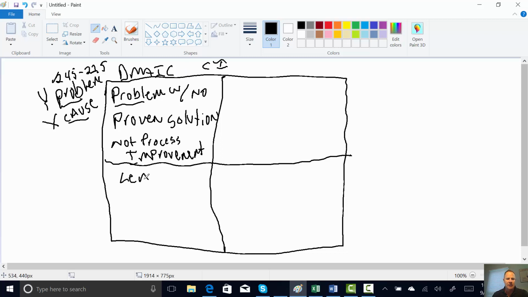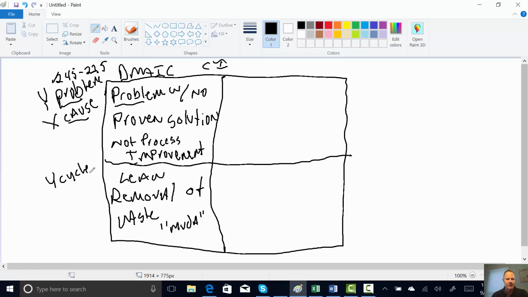Then you have lean, and lean is the removal of waste. And as I told you, lean practitioners, those who have drunk the Kool-Aid and think that's the only thing that works, they like to also pretend Japanese. They speak Japanese, so they'll call that muda or waste. So the Y for lean is cycle time, and the X is non-value added steps or activities.